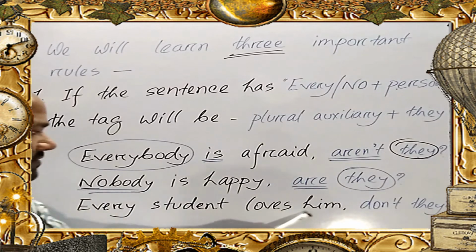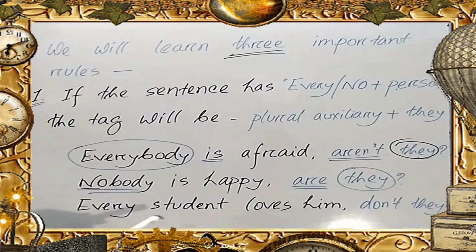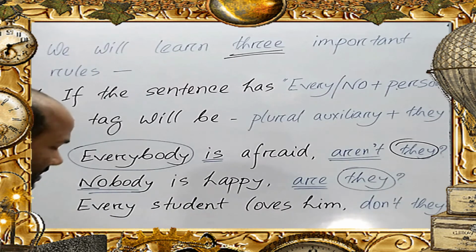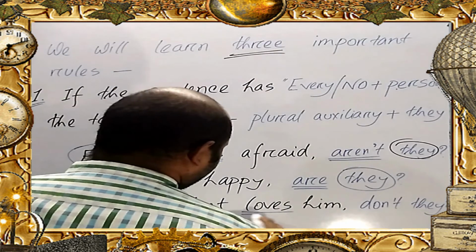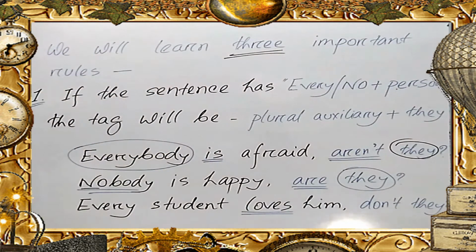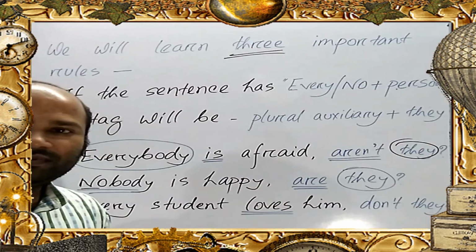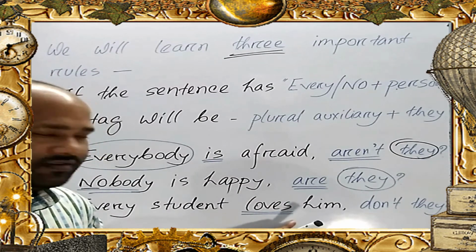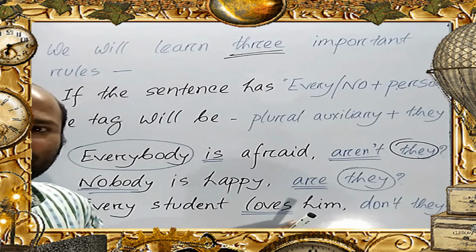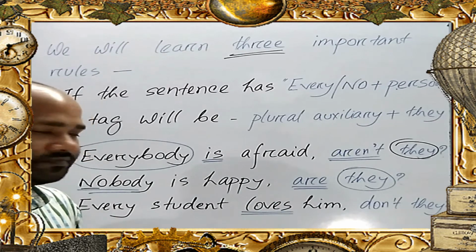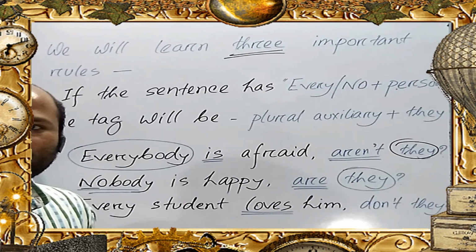Every student loves him. Here you can see there is no auxiliary verb in this sentence. Is there any auxiliary? No. So what is the main verb of this sentence? Yes, the main verb is loves. As it is singular form, it has s or es. If we take it, we should use does in that question.